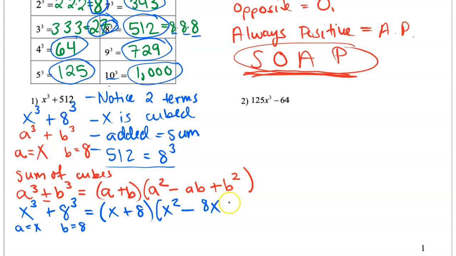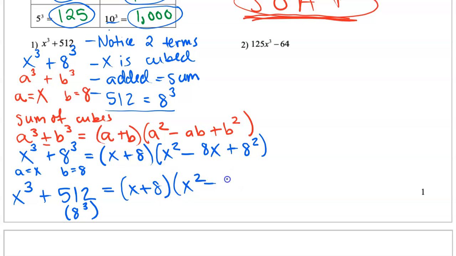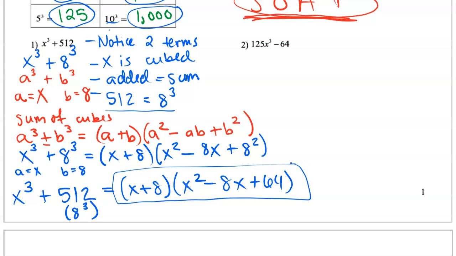And then b squared, so 8 squared. Except for your final answer, I want you to write that as 64. So I want you to write it this way. x cubed plus 512, but remember that was 8 cubed, is equal to the factors of x plus 8 times x squared minus 8x plus 64. 8 squared is 64. This would be your final answer for the factors.